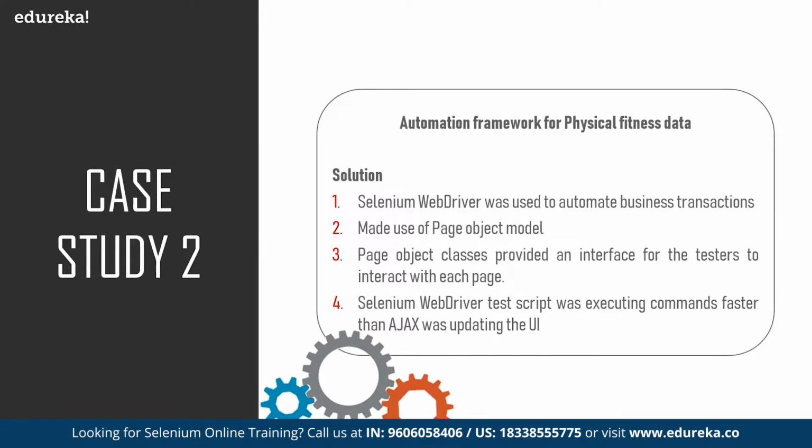The page object classes provided an interface for the testers to interact with each page. Test scripts were then created by calling the methods from the page object classes that performed specific transactions such as login as registered user, create a new user, create a workout, etc. And all work was committed to a subversion repository for version control.